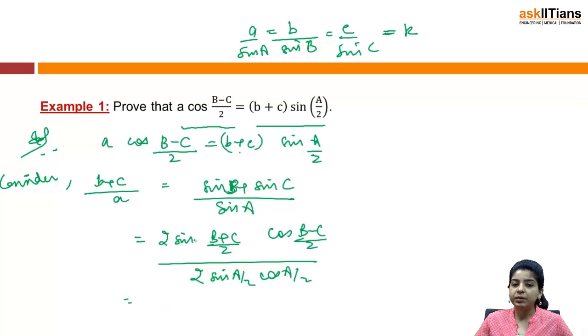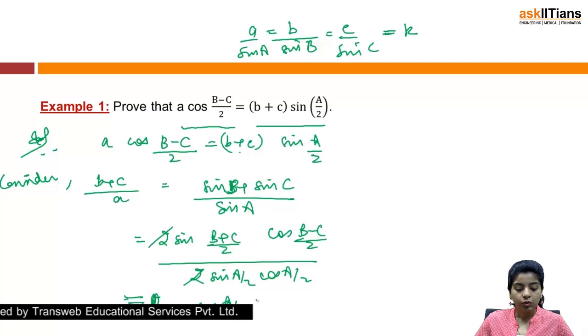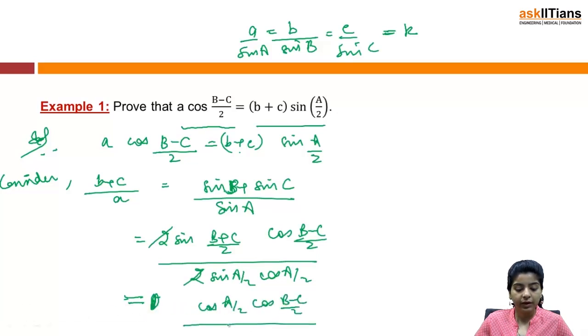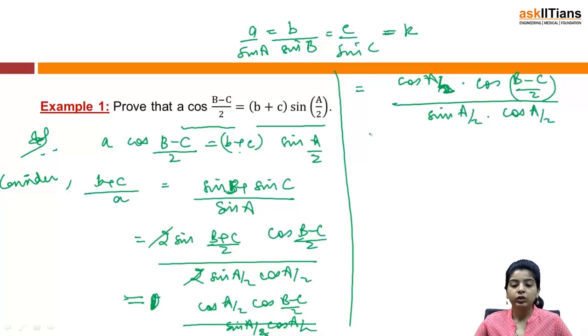Now A plus B plus C is 180, so sin((B plus C)/2) can be written as cos(A/2). The 2 gets cancelled first of all, and then we have cos(A/2) cos((B minus C)/2) divided by sin(A/2) cos(A/2). Now cos(A/2) gets cancelled, so we have cos((B minus C)/2) by sin(A/2).